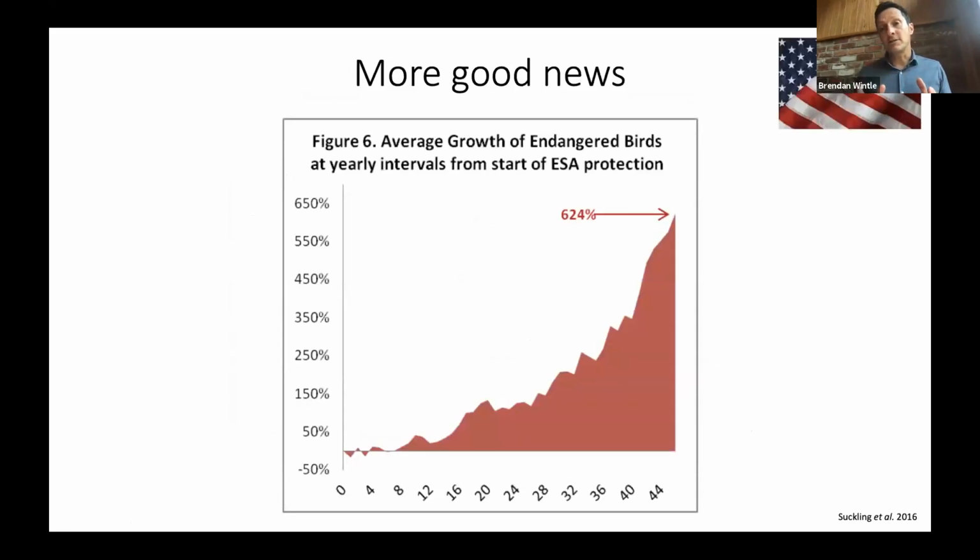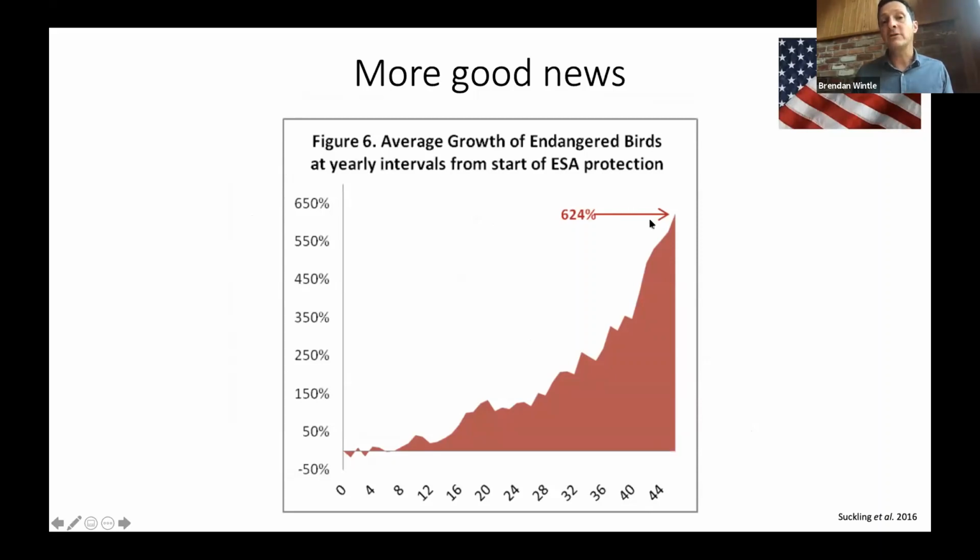The other good news: in the United States, if a species is listed under the Endangered Species Act, it is mandated that funding be provided for the recovery of that species. And what does that mean? Over long periods of time when species are listed under the Act, they actually show recovery.